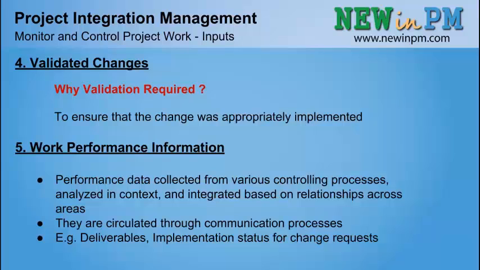To ensure that the raw data is useful, it is transformed into information. So in work performance information, the work performance data is transformed into work performance information, and it is this information that is used for the decision-making process.